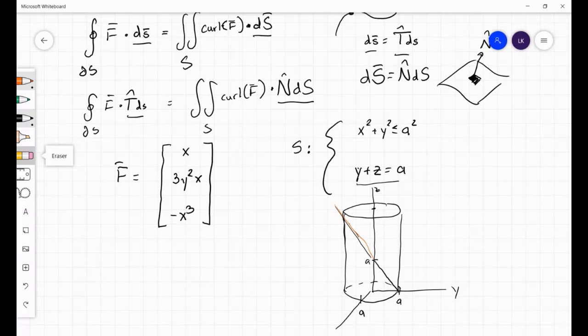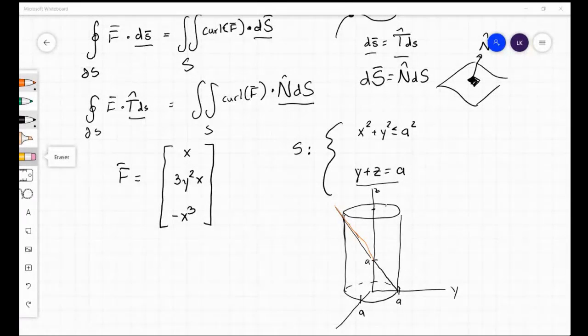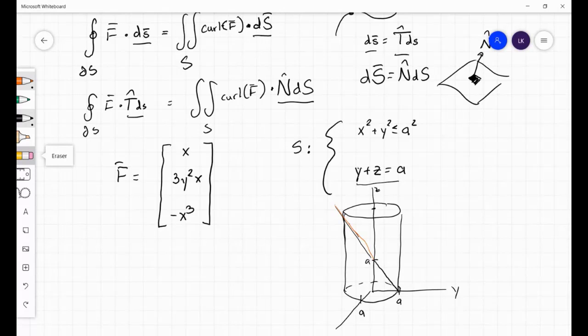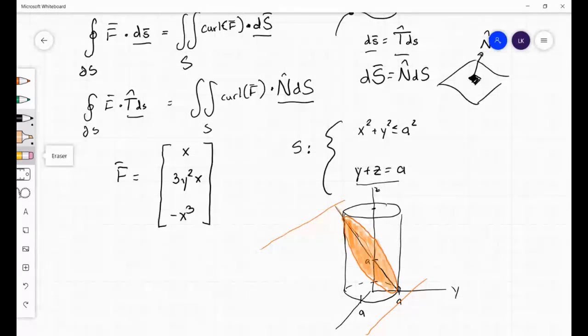So in space, the graph is the graph of a plane, and it cuts the cylinder in some elliptical shape. So our surface is actually this elliptical disk that's kind of slanted in space. And the bounding curve is our ellipse here.